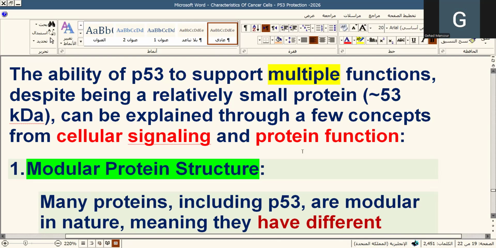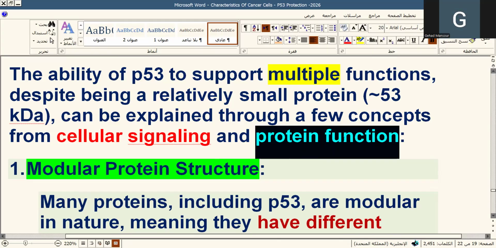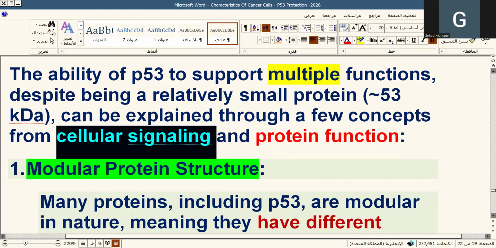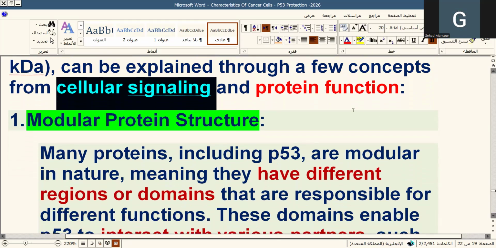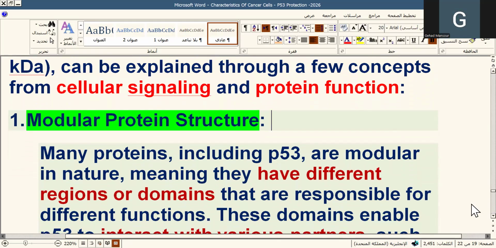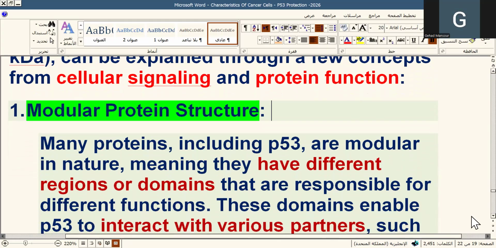So what we are going to explain now is related to protein structure and function that we have mentioned in biochemistry, and to cellular signaling that we have mentioned in the videos on the cell. And you can refer to those videos to understand more about what we are explaining now.